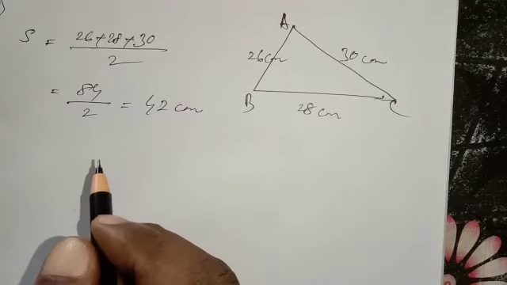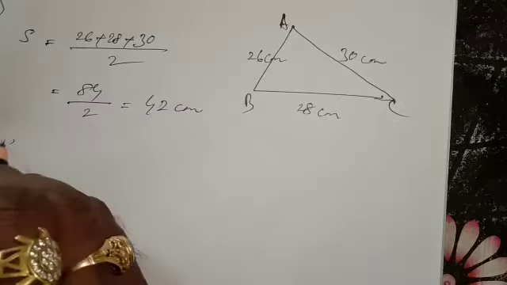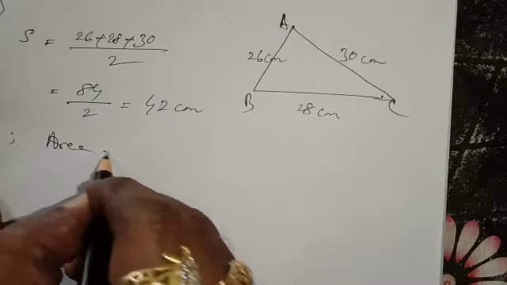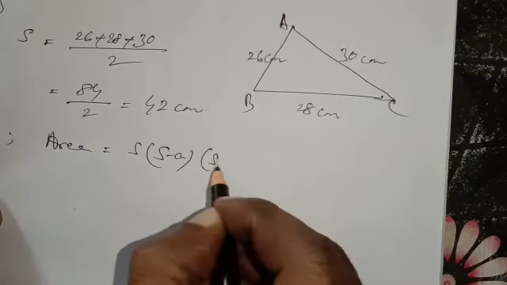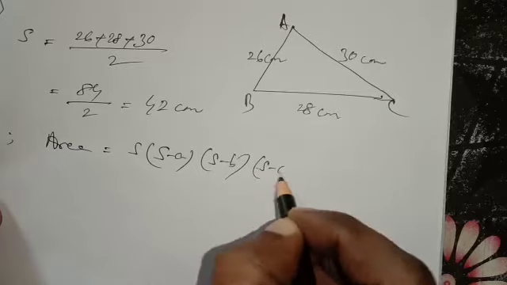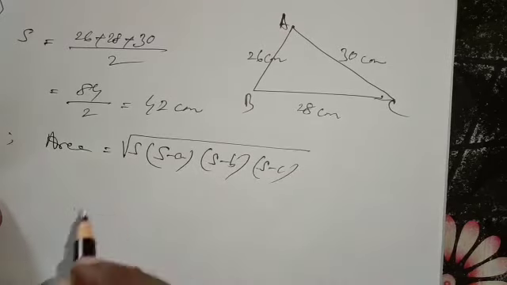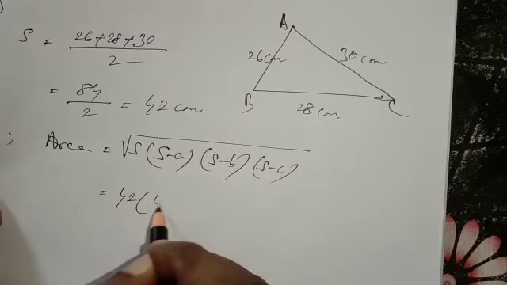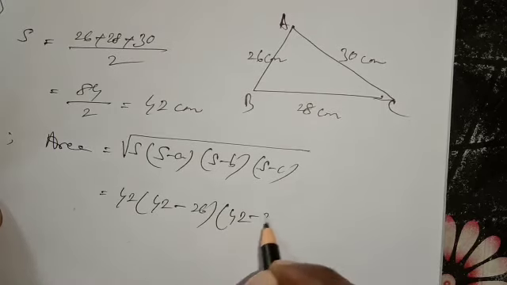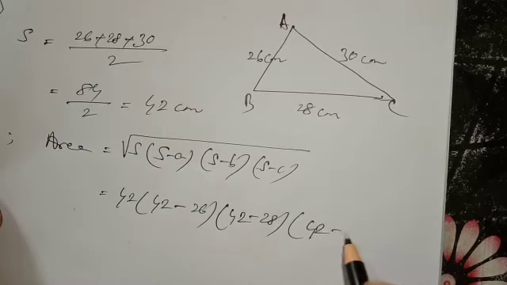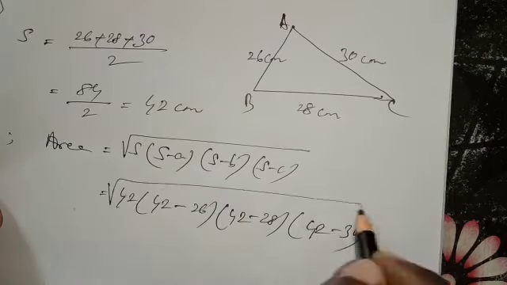After finding the semi-perimeter, then area of triangle is equal to, by Heron's formula, root of S into S minus A, S minus B, S minus C. Put the value of S, that is 42. 42 minus 26, 42 minus 28, 42 minus 30 root over.